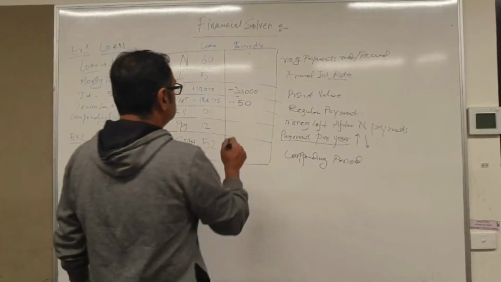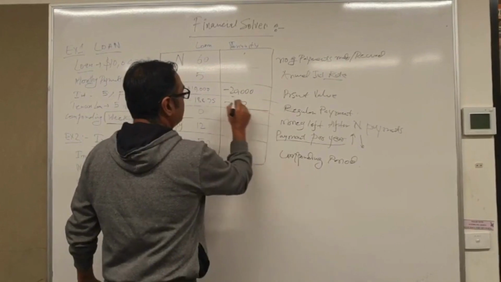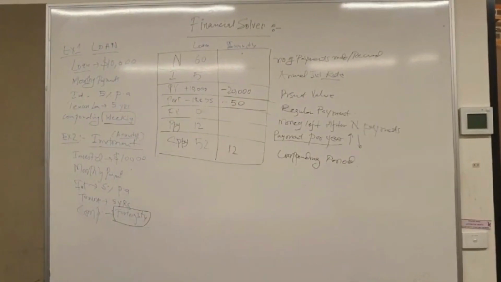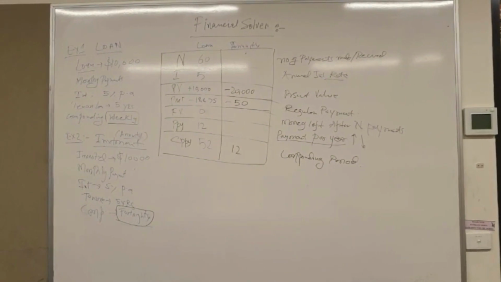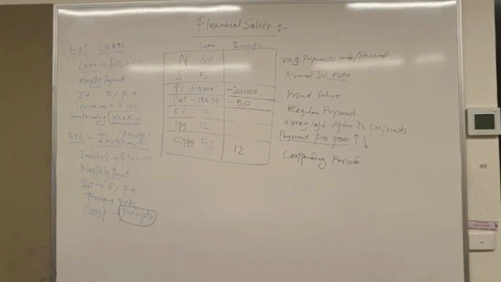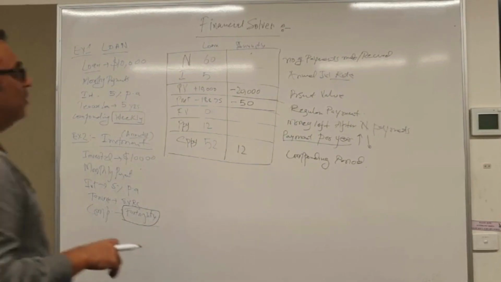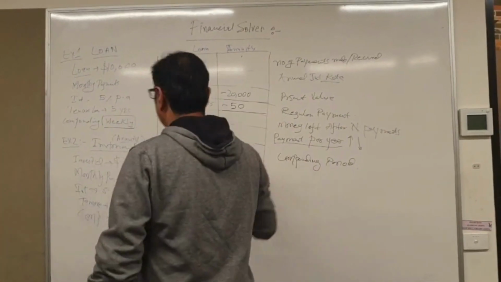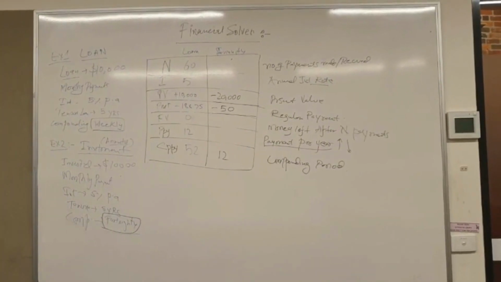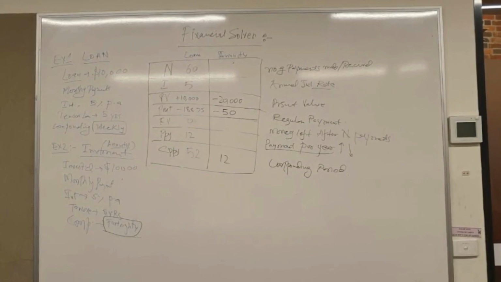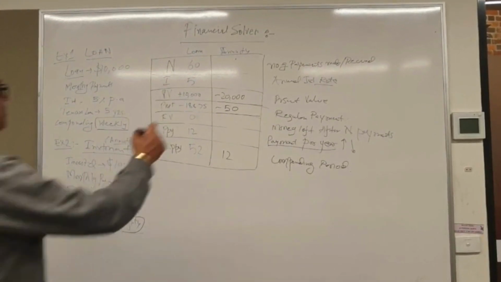How many payments is she making? 120. Why so? Because it's for 10 years, but she's doing it monthly. Correct, 120.